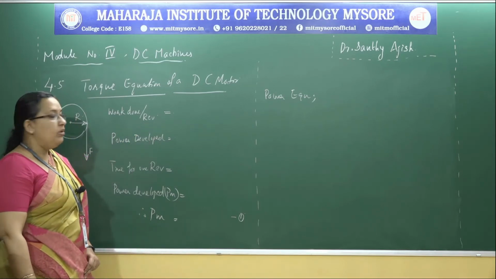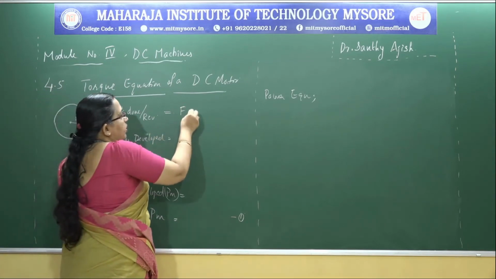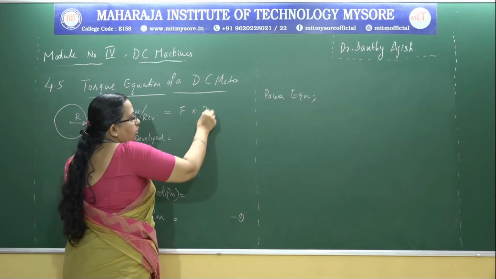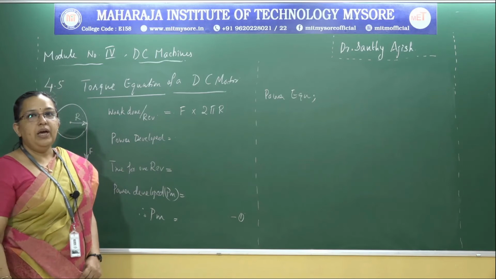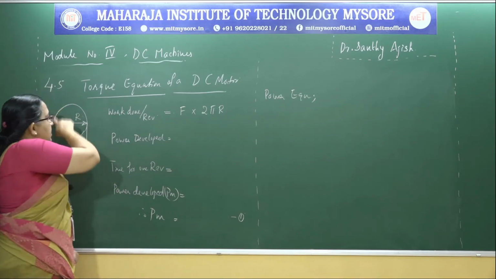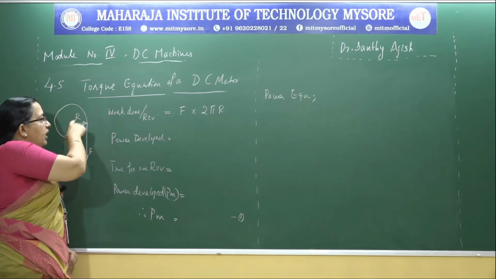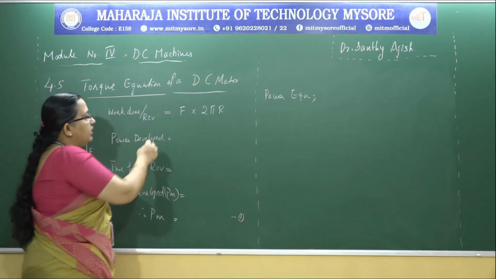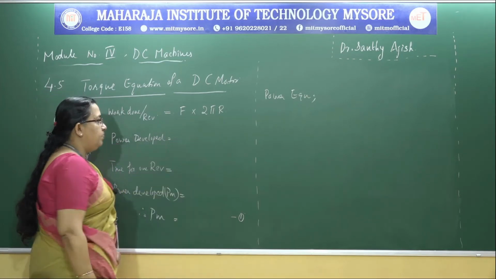Work done is force into distance travelled, so it is F into 2 pi R. How come it is 2 pi R? Because 2 pi R is the circumference of the drum. So in one revolution the distance travelled is nothing but 2 pi R, and the work done is F into 2 pi R.